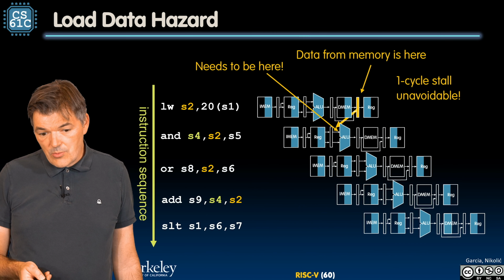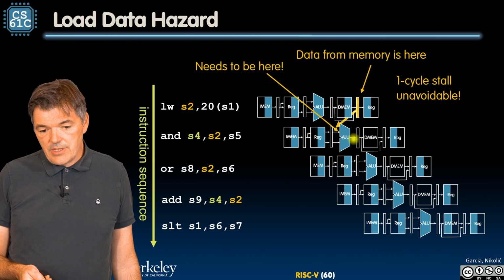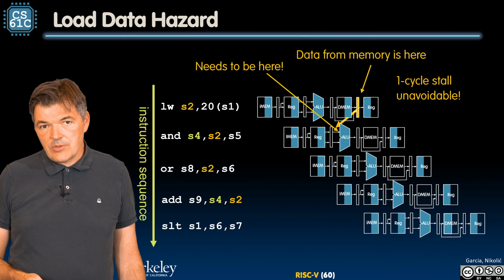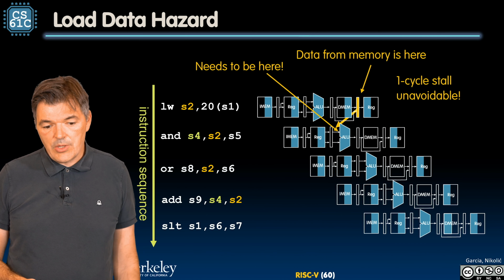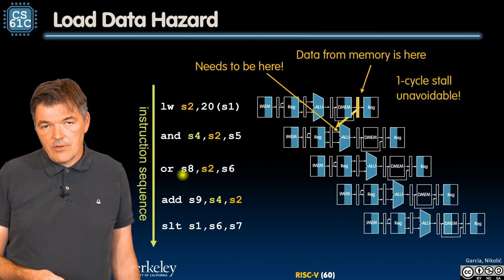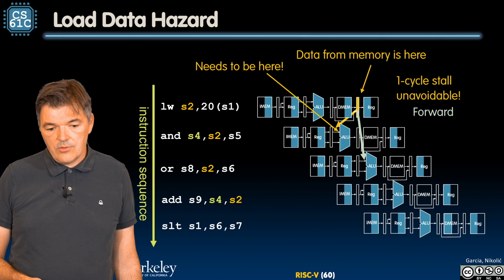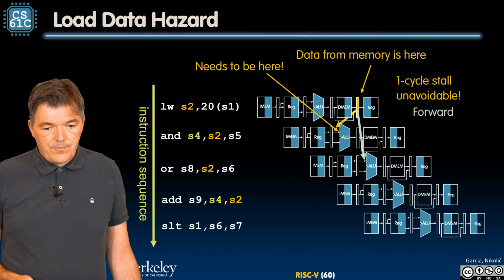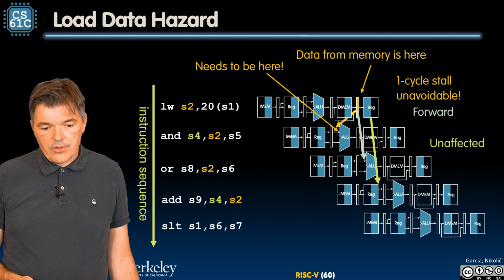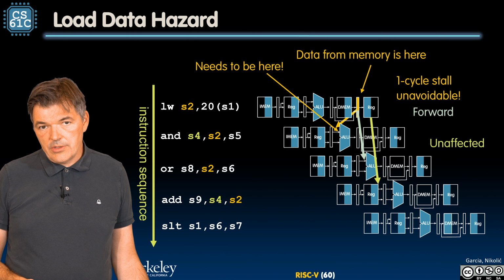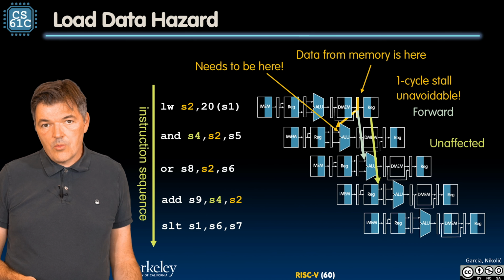We can forward from here, but that forwarding would make it only into the instruction that is delayed by 1. It would make it in time for OR, but AND can't do it. So we will stall and forward, and then all the instructions that are down the stream would not be affected.